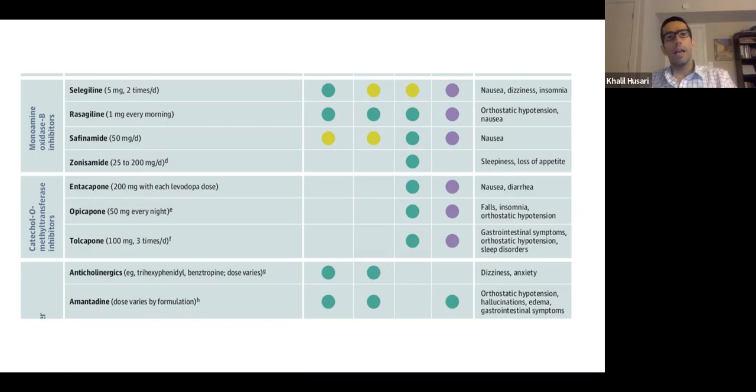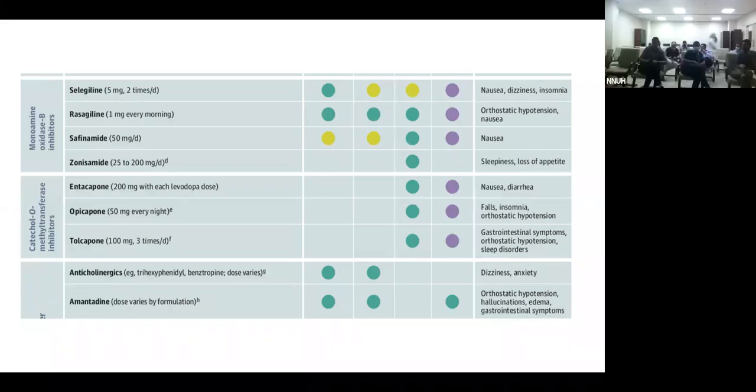So later on in the disease, when we use Sinemet, patients will have dyskinesias. Dyskinesias are involuntary movements, like they just keep dancing and it's uncontrollable. Have you seen Michael J. Fox? It's exactly the same as Michael J. Fox.